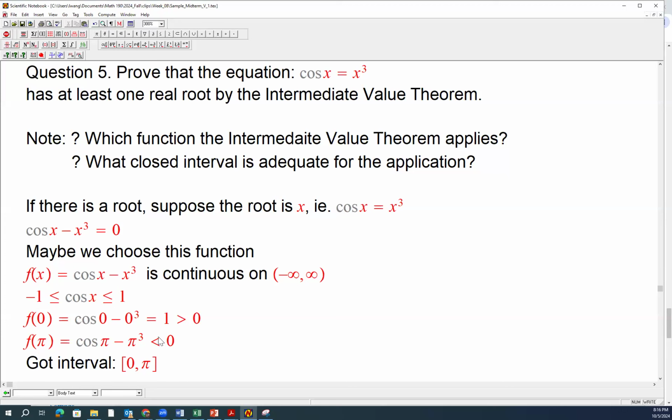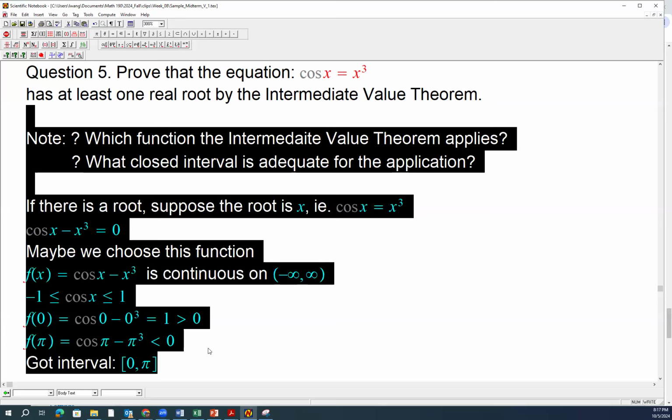For pi, it's negative because the cosine is between -1 and +1. So we first got the function, then we got the interval, and then we're going to start applying the theorem. All of this is what I will be thinking about on scratch paper.